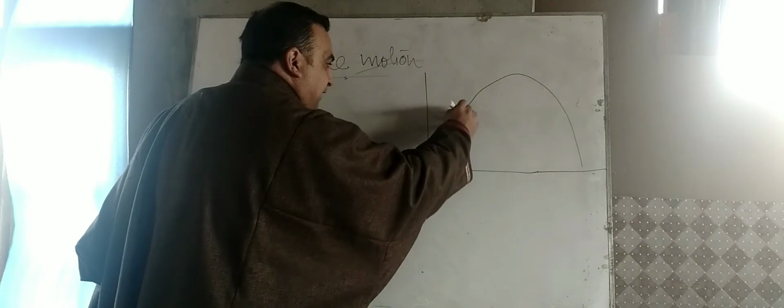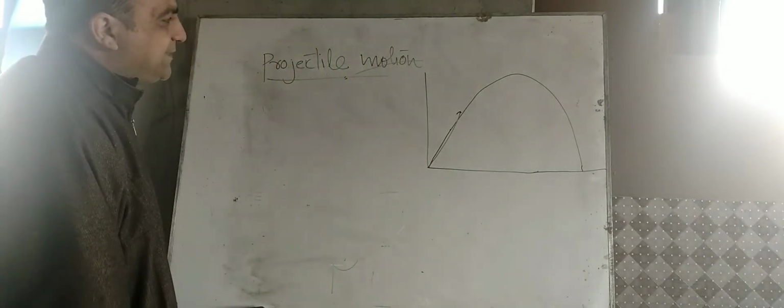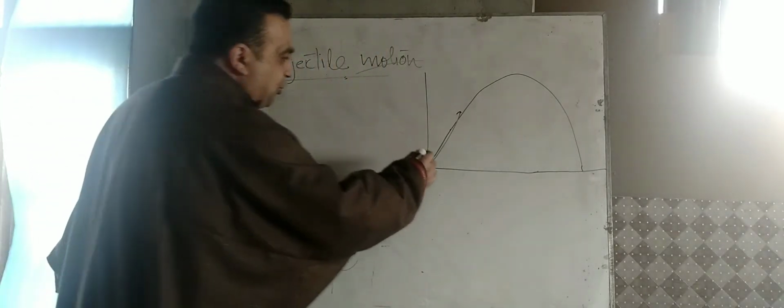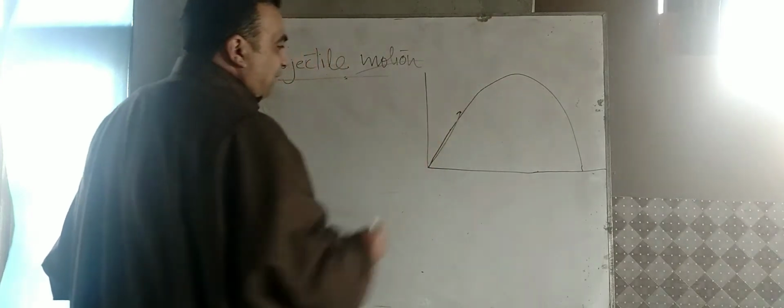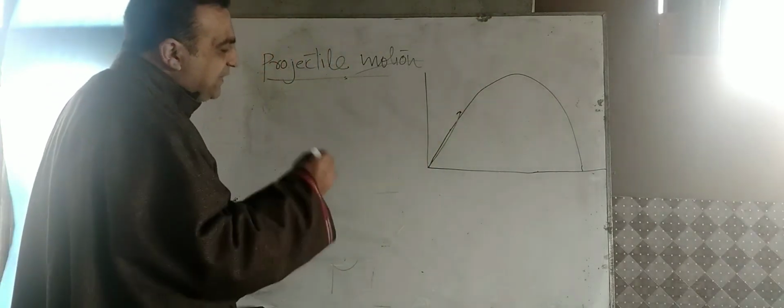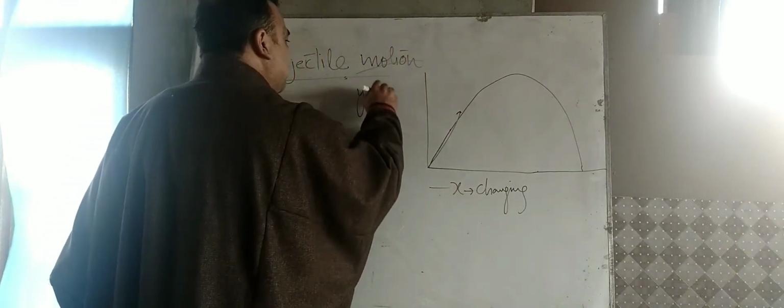A body is projected like this, and it takes a certain course in air under the influence of gravity. We can see that in this motion of a ball, of a bullet, of anything that is thrown with some velocity, x is changing as well as y is changing.